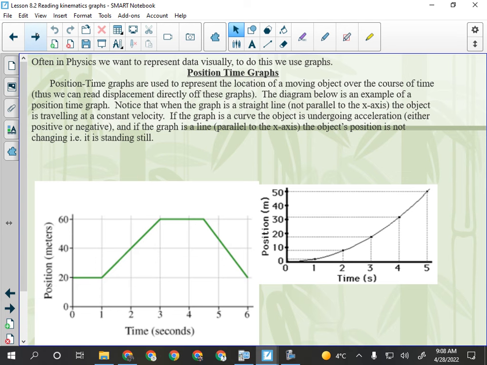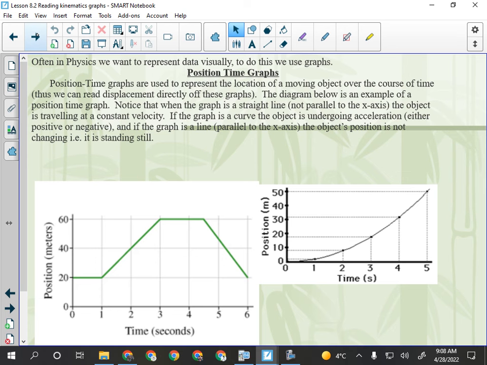It's increasing. Its position is increasing. It's moving away from the beginning position. Is it doing that at a constant rate? Yes.